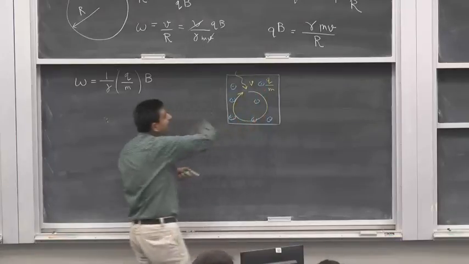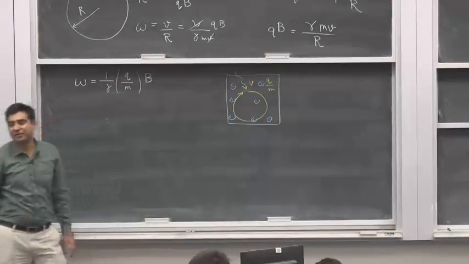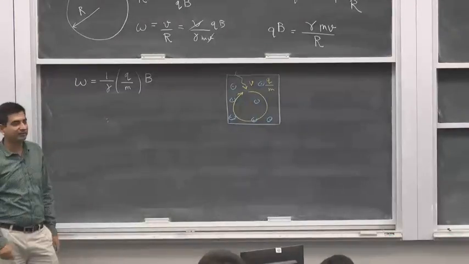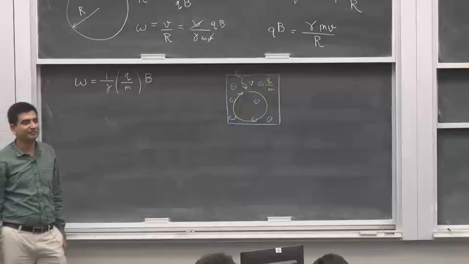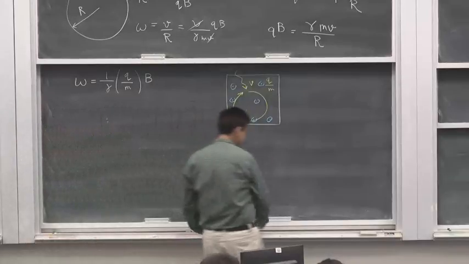And by looking at the radius of this circular trajectory, I can find out the charge to mass ratio of this particle. Alright? So this is what happens inside a cloud chamber.